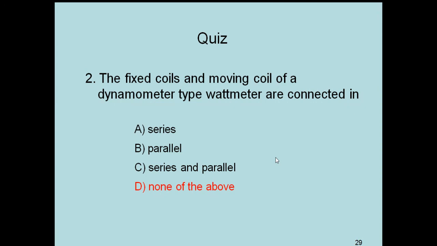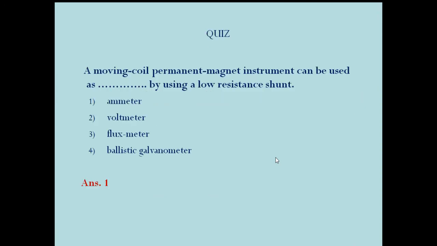So actually the fixed coil is connected in series and the moving coil is connected in parallel. A moving coil permanent magnet instrument can be used as an ammeter by using a low resistance shunt. So when we are connecting a shunt, we are using it as an ammeter. So option 1.